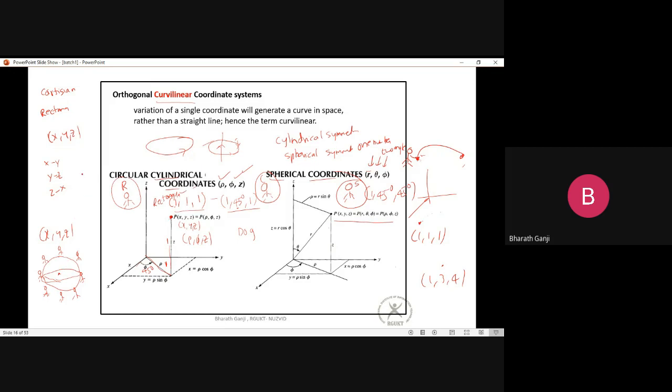Cylindrical symmetry ante if you are standing at a fixed distance from this point and if you are revolving around that line and you see everywhere the same kind of object, then you say it is cylindrically symmetric. So I hope you can understand cylindrically symmetric ante enti, spherically symmetric ante enti ani.